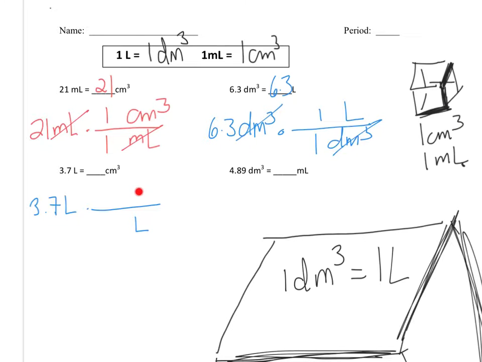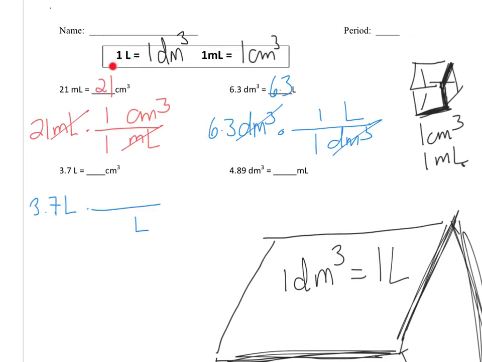I have no link between centimeter cubed and liters, or even centimeters and liters. No link whatsoever. I can't link between them, so I can't put numbers here. That means this is a two-step problem. So you have two choices.